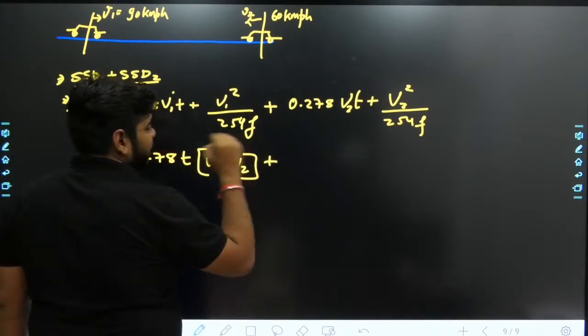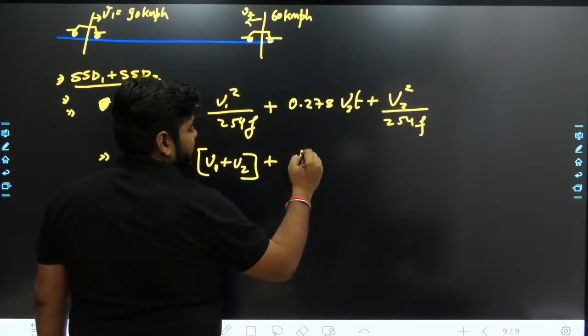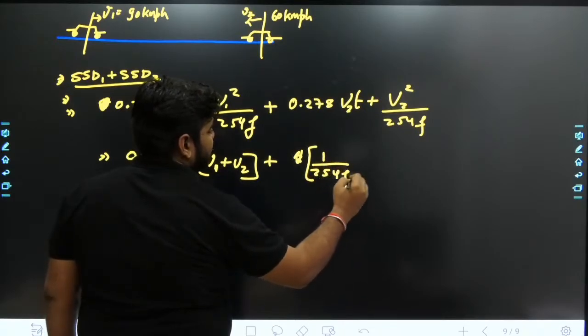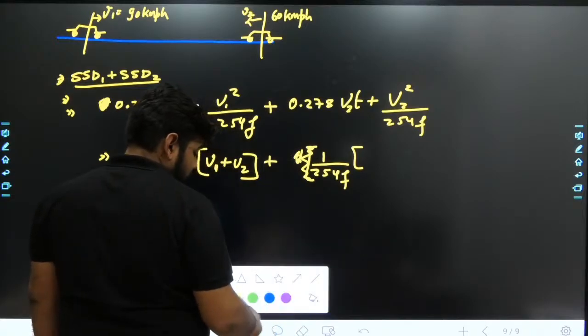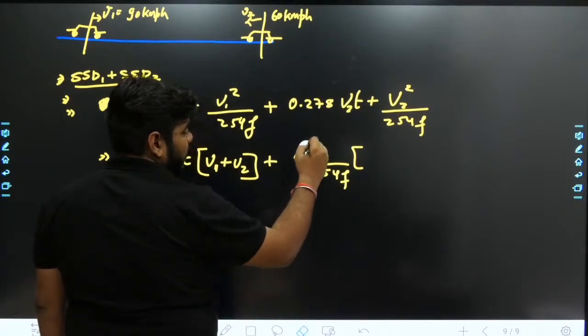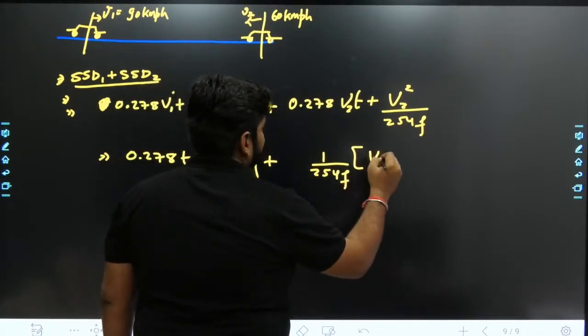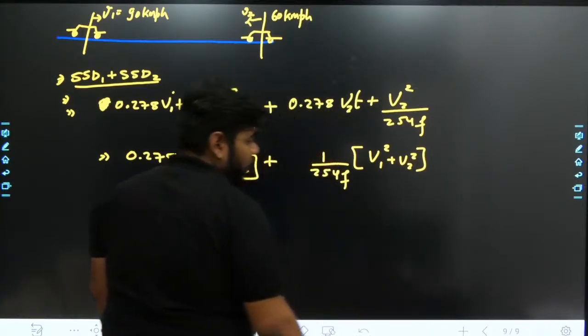And if they ask you to write the combined form of V1 and V2, 1 by 254F is taken as common, and this can be written as V1 square plus V2 square.